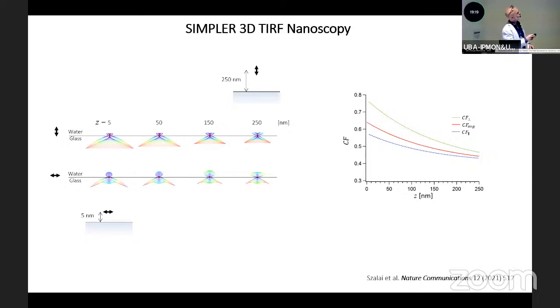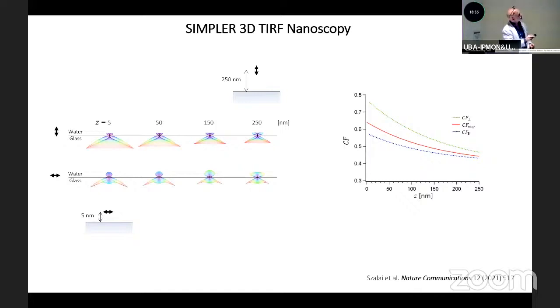As the molecule gets closer to the interface, the molecule emits more light into the higher refractive index medium. That happens for both orientations with a different spatial configuration, but in both cases, the molecules emit more light into the glass. That means into our objective, okay? So you can compute that.